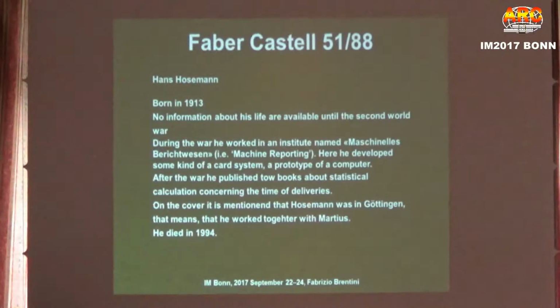Concerning Hans Hosemann, Wikipedia doesn't reveal much about his life. Here a few information about him.